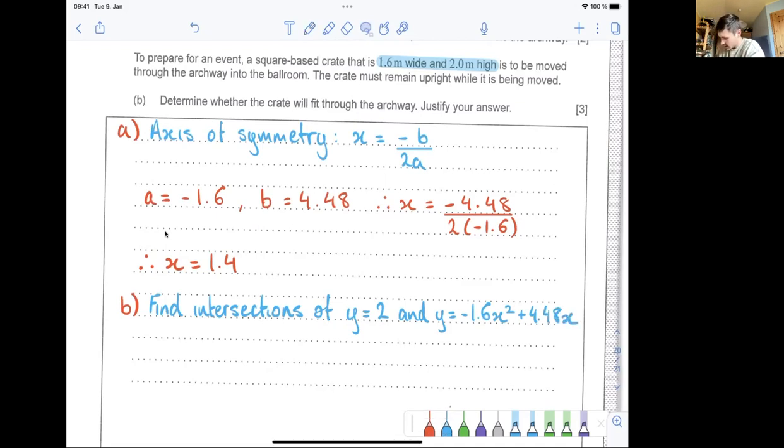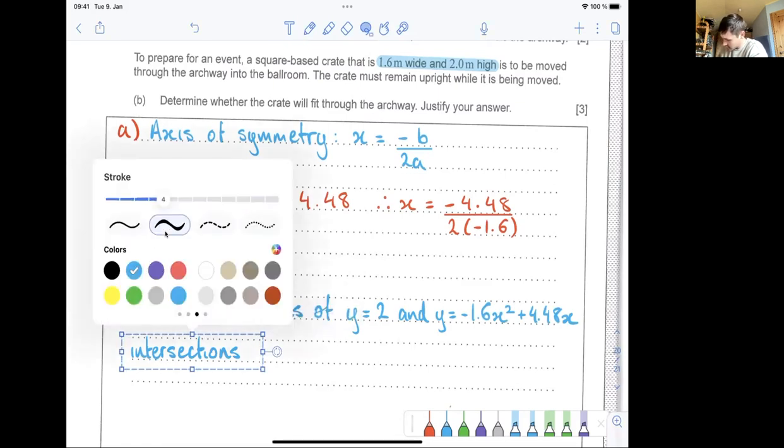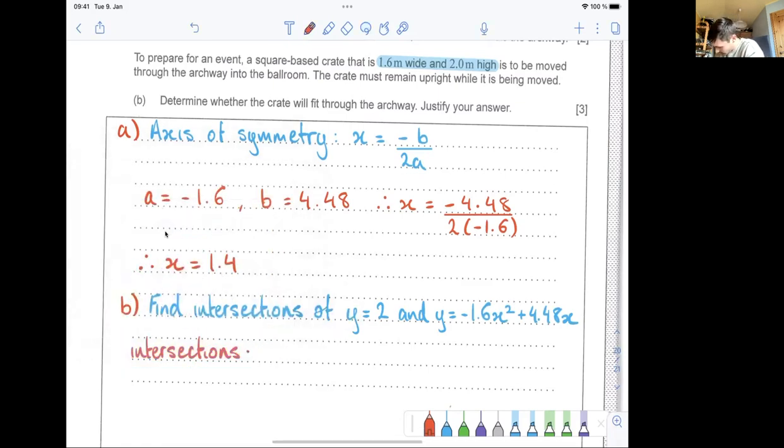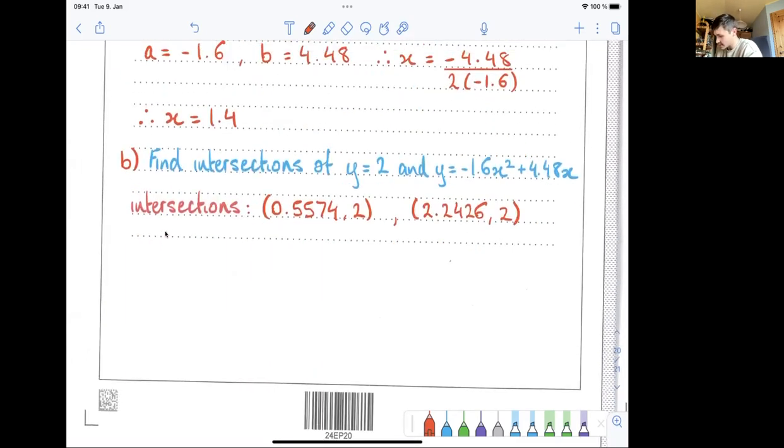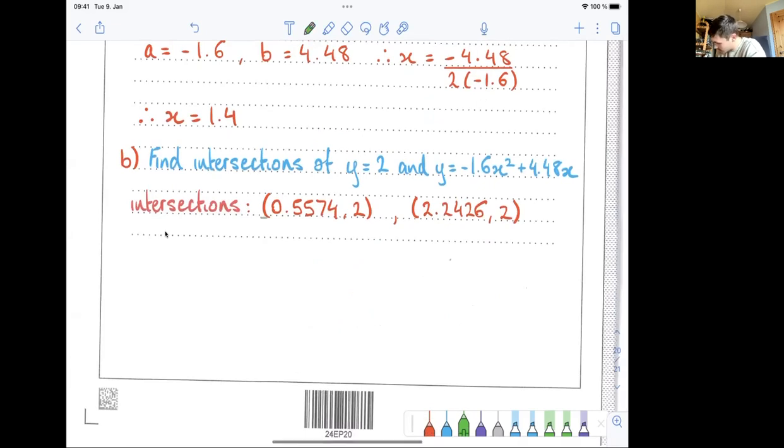Okay, and so we'll say the intersection points here, and we'll go into red, are 0.5574, comma 2 and 2.2426, comma 2.